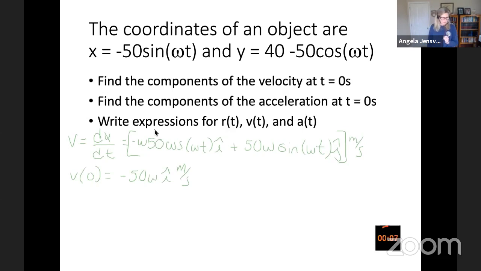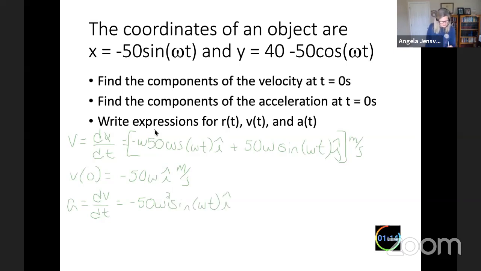And then we want to find the acceleration. Acceleration is the derivative of the velocity. So we differentiate the expression we got for velocity, and the derivative of cosine is negative sine, so it'd be negative 50 omega squared sine omega t i.